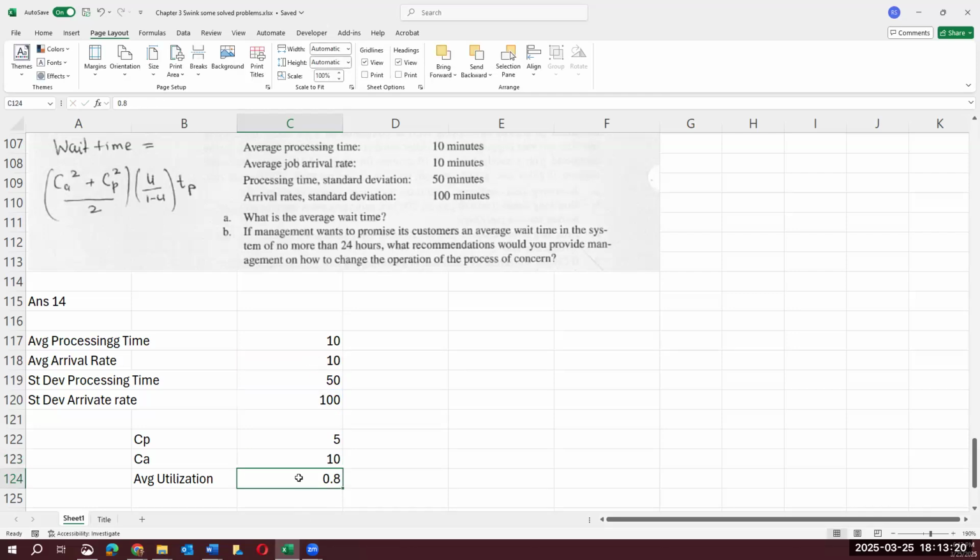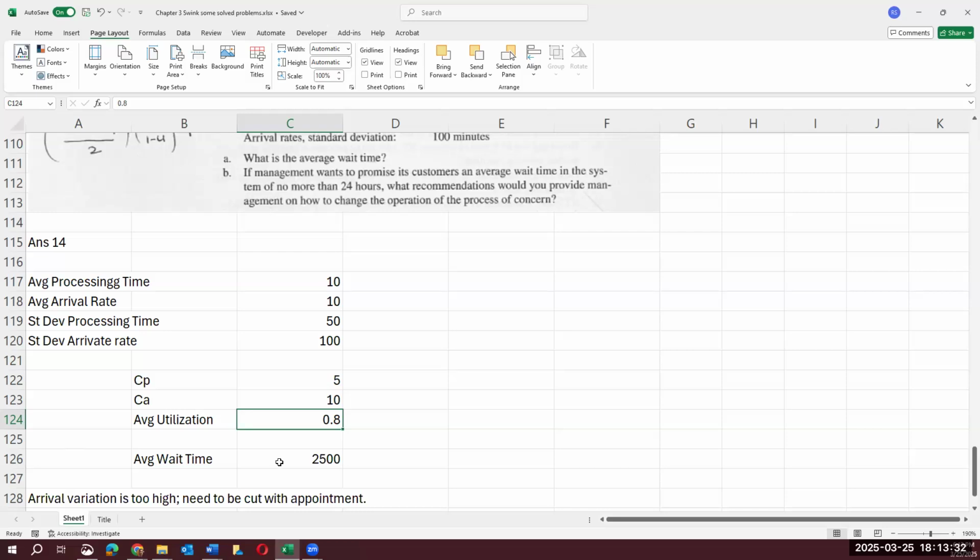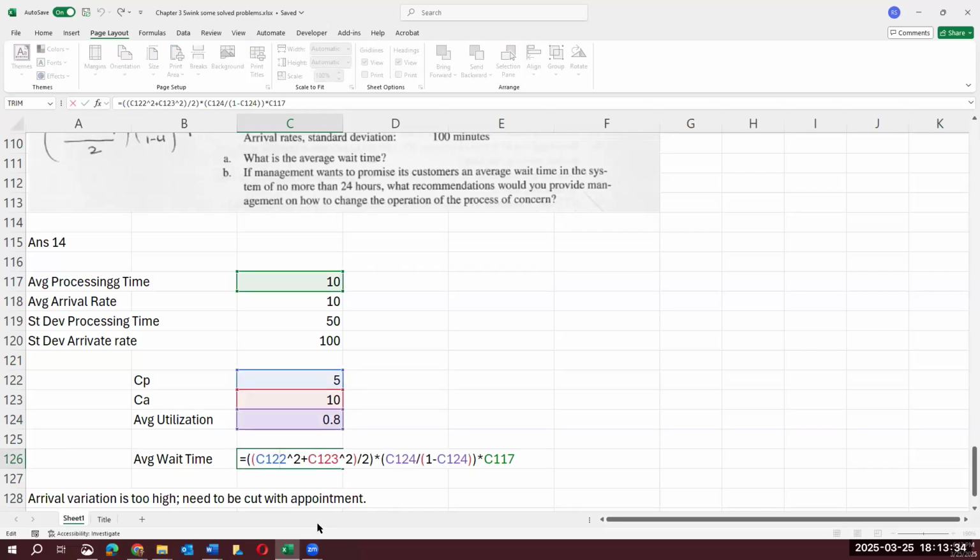Okay. The company has decided that they want the workers to be utilized 80% of the time. So they have come up with an 80% rule. All right, given all this, what is the average wait time? I'm just applying this formula, and you have to be very careful when applying it. You have to use parentheses correctly.